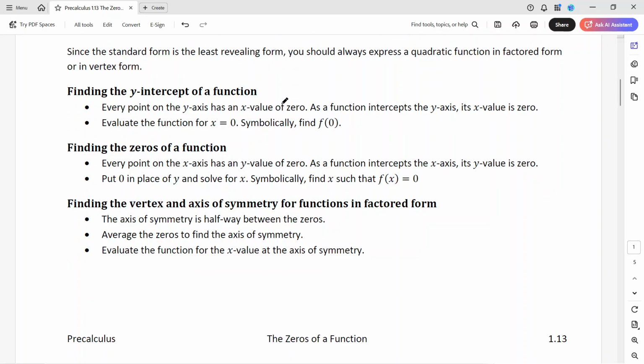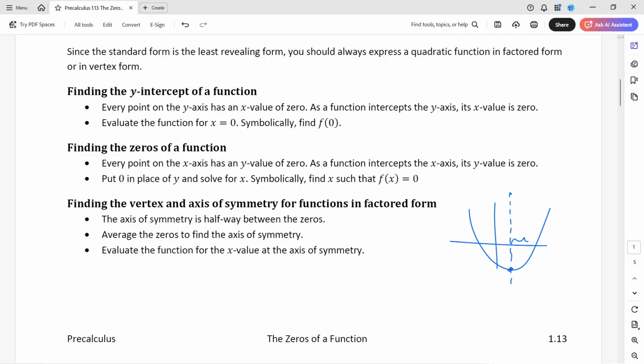And if I want to find the vertex and axis of symmetry for a function that's in factored form, then I need to recognize this. When I graph, a parabola is a symmetric figure. And that line of symmetry holds the vertex.